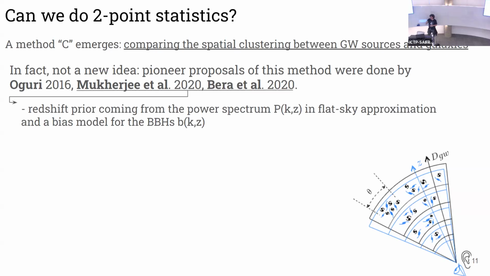I want to highlight that their methods are different. The method by Mukherjee, they are computing the power spectrum and putting a prior on redshift. And they assume a bias model for the binary black holes, which depends on scale and redshift. This is a layer of complexity to the analysis, but maybe a layer of systematics.